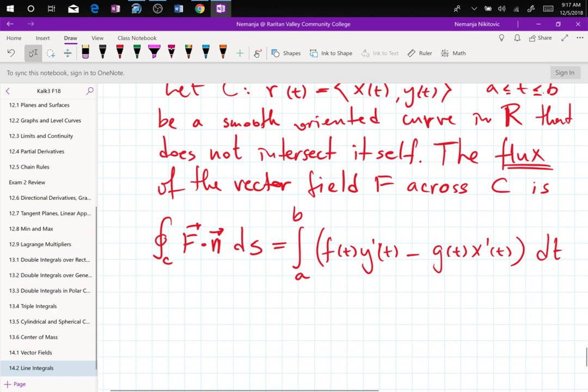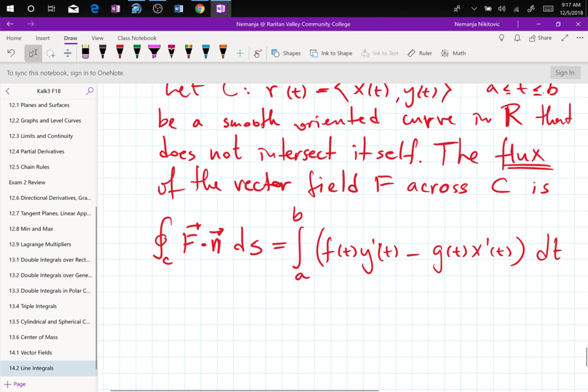Now, I did talk about the importance of where you're facing the fan, right? So you have the notion of the outward flux. And the outward flux is the one on which side of the picture it is coming out of. Because we're talking about the area, right? As soon as you close a loop in space, you have a plane that the loop closed and there is in front and behind, right?